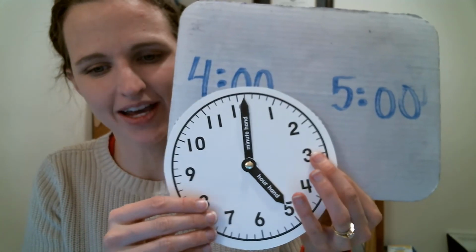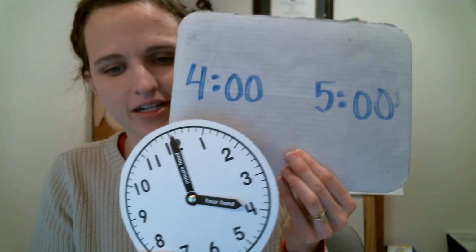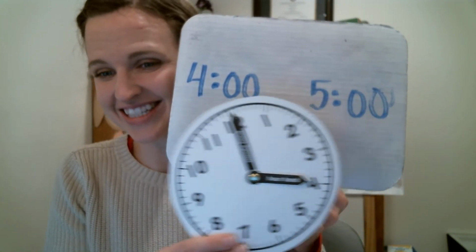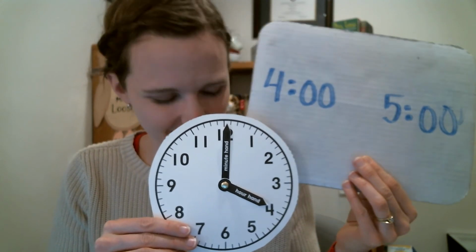Look at my clock. Oh, I had it right there. And then when I picked it up, I bounced it. Which one is it? Ding, ding, ding. It is 4 o'clock. There we go. Now you know how to read an analog clock and a digital clock to the hour.